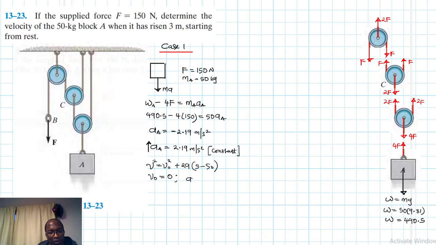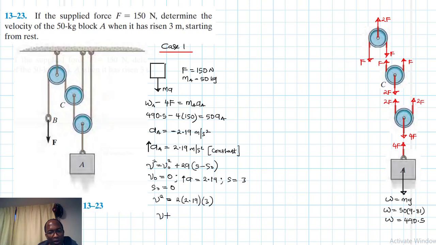Our a is equal to 2.19 going up, and then we have our s equal to 3, and our s naught equal to 0. Therefore our v squared is just going to be equal to 2 times 2.19 times 3.